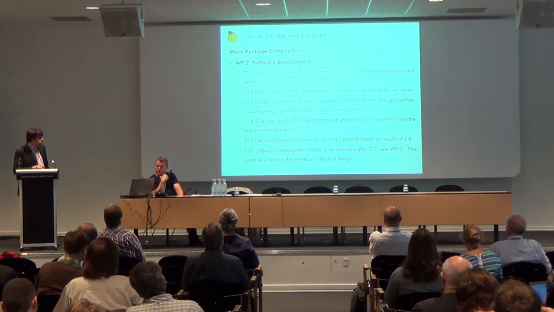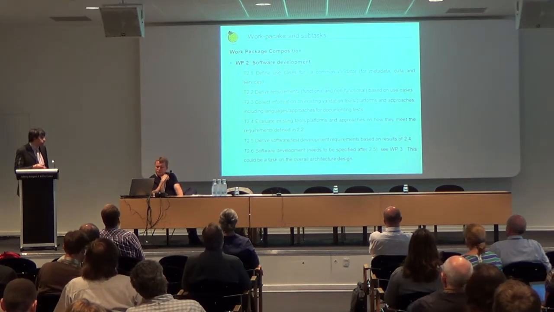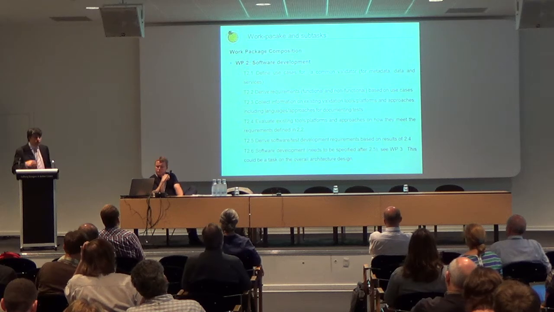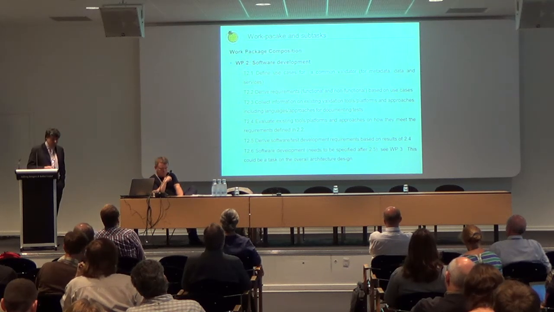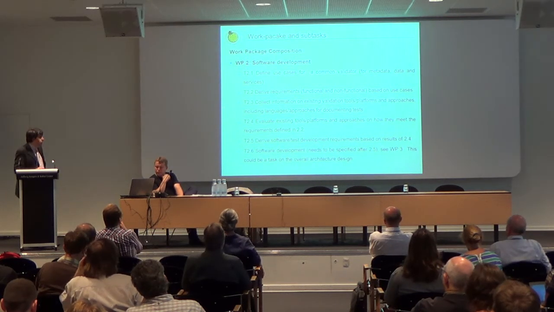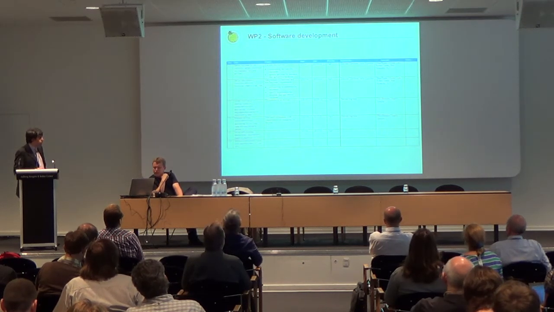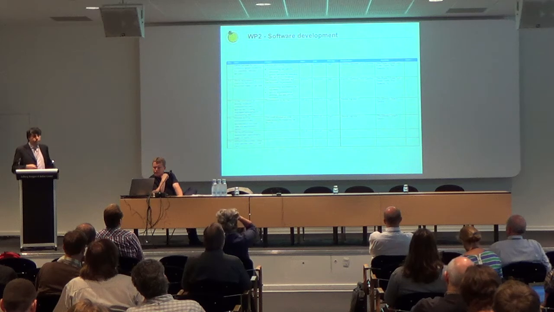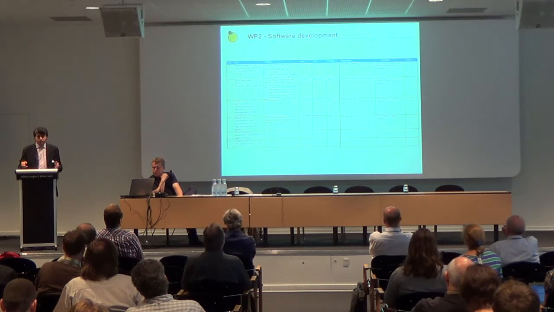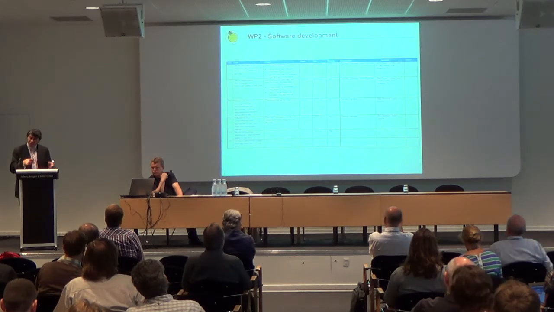And the last 2 are more related to the software development, really the technical part, the architecture design part. Also for this work package and its tasks, we define scheduled time, responsibility, and output. These 2 activities, the previous activity is the first activity that we have to put in place.